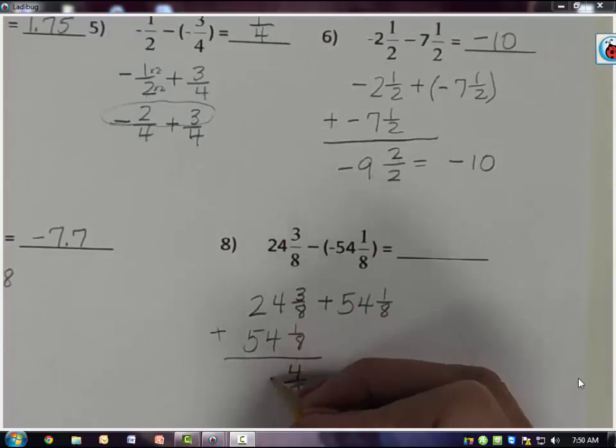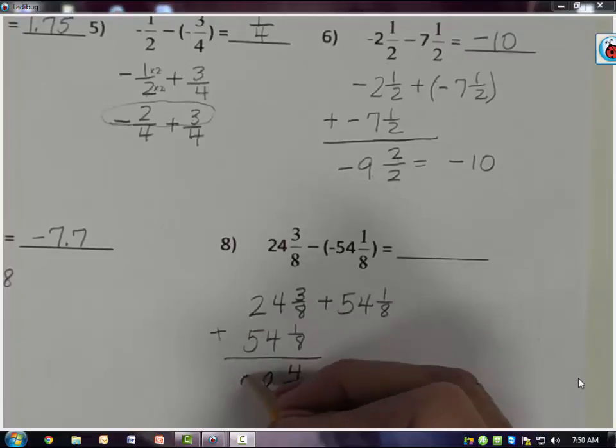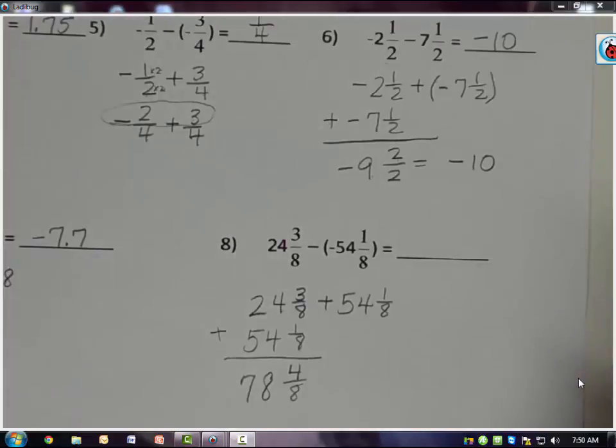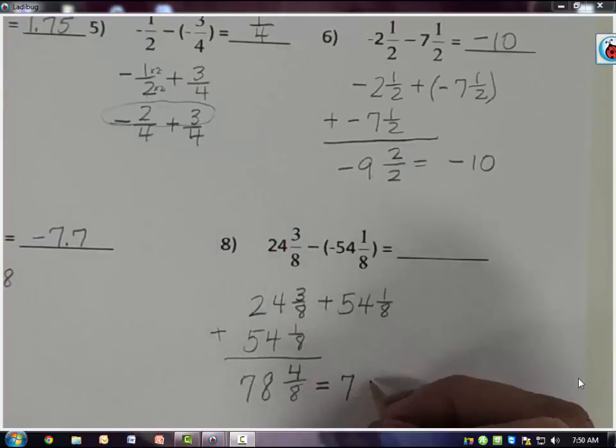So our answer is 78 4/8. Or is it? What did I forget to do? I forgot to simplify. If you divide both of those by 4, it simplifies to 1/2. So both are positive, so our answer is positive 78 1/2.